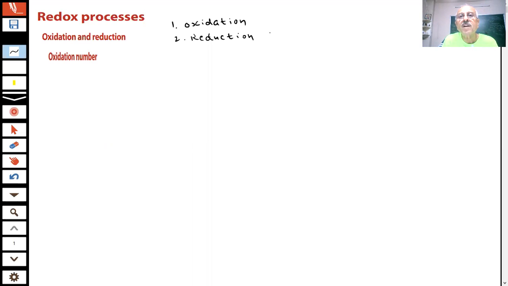What definition? Oxidation is gain of oxygen. Okay, you are saying gain or addition of oxygen, and reduction is the opposite, the loss of oxygen, or removal of hydrogen, you are saying? Yes, sir.